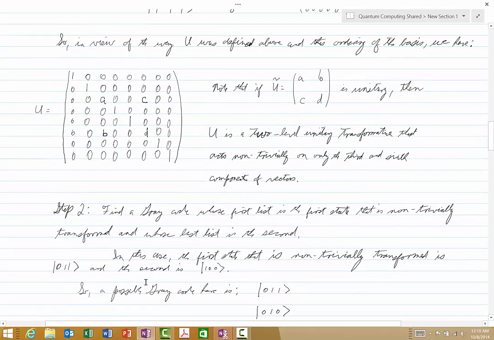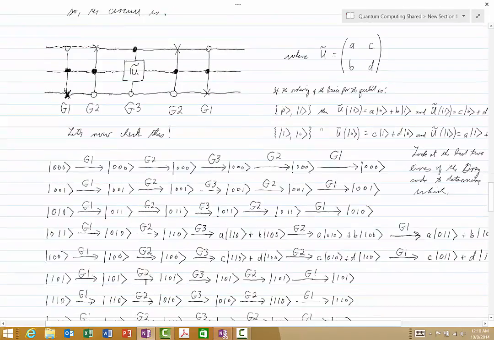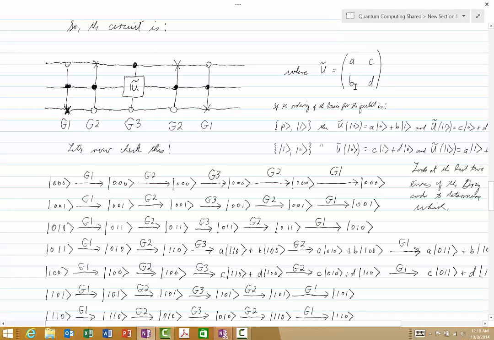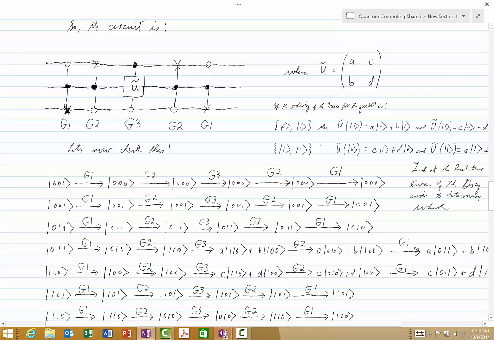And so likewise down here, we know that the U tilde matrix is right here, but what is the ordering of the basis now? Remember, this is acting only on that second qubit.